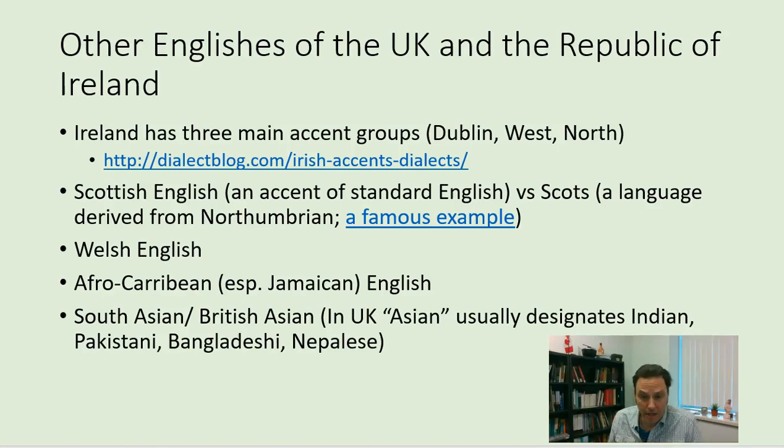There's also Scottish English, which we should distinguish from Scots. Robert Burns wrote in the Scots language, which has a distinct vocabulary. It's related to English, but it is not standard English. Scottish English is an accent of standard English, just like U.S. English is.